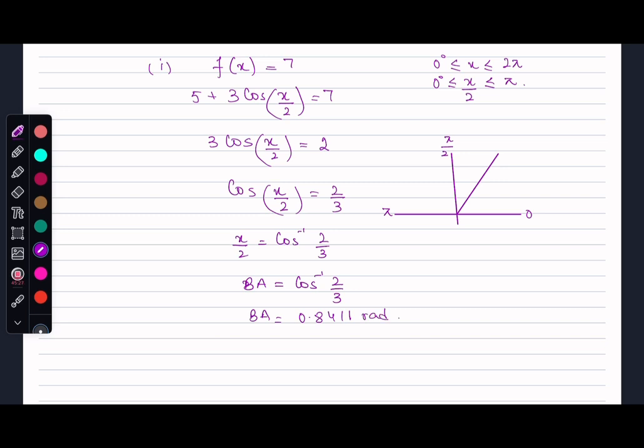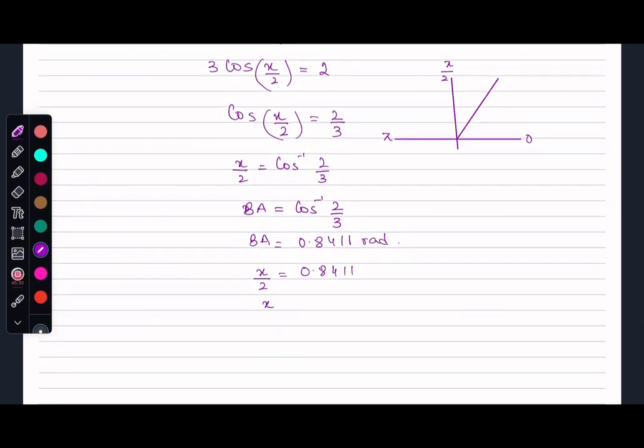Then I can say x/2 equals 0.8411, or to get the value of x, it's 2 multiplied by 0.8411, and this x then shall be equal to 1.68 radian. So this then is going to be the answer or the solution of this question.